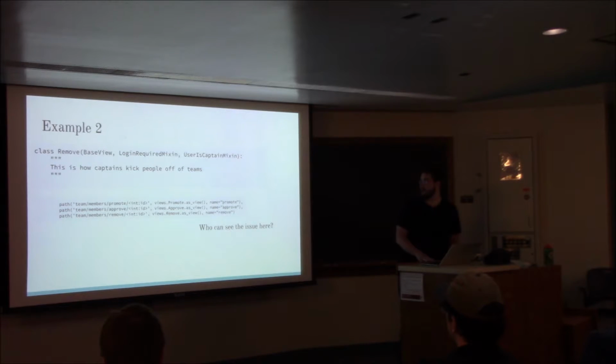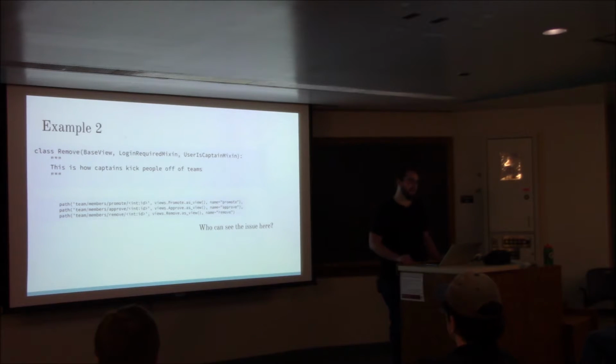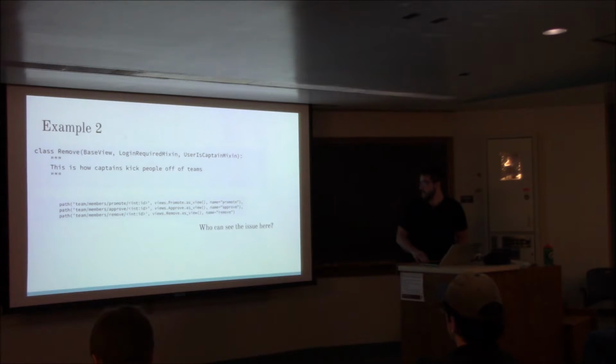So for a little bit of context, this class definition is the definition of a view-based class, which is a Django way of routing HTTP requests and such. You can see the comment about what this method does. And down below you can see the URL spec that tells Django how to route the packets so that it was getting to this method, right?